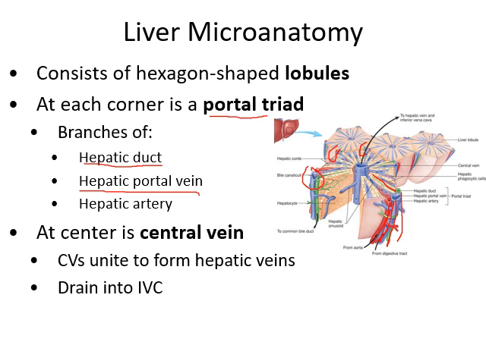It is bringing that nutrient-rich blood in this direction to these lobules. And then the hepatic artery, the red vessel here, supplies the oxygen-rich blood for these hepatocytes to use.